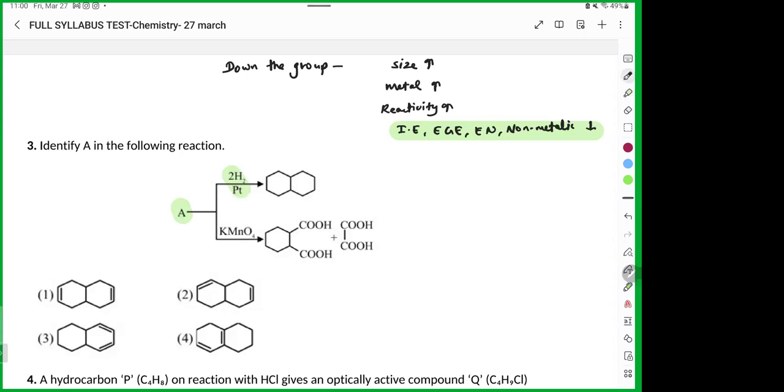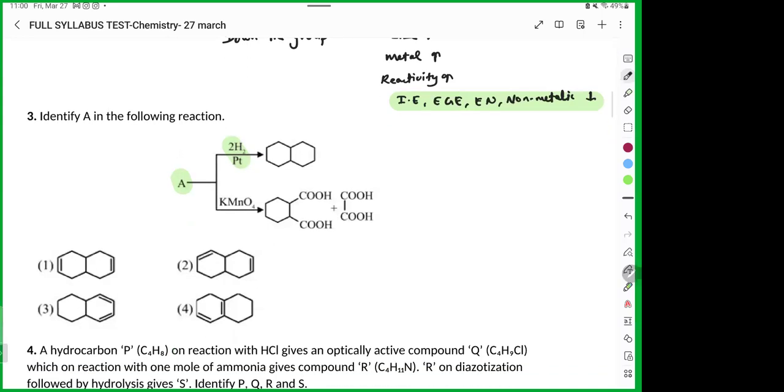You can't tell much from this, but at least you know there should be two rings or two bonds. Next, two moles of hydrogen are added, so there must have been two double bonds, and every ring has one double bond. Second, KMnO4. Wherever you have a double bond, it will break into COOH.